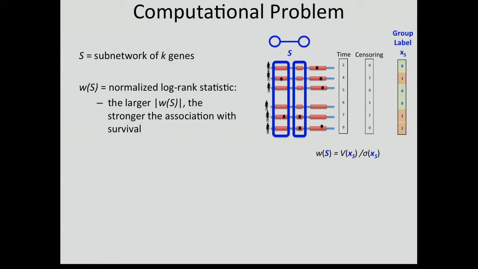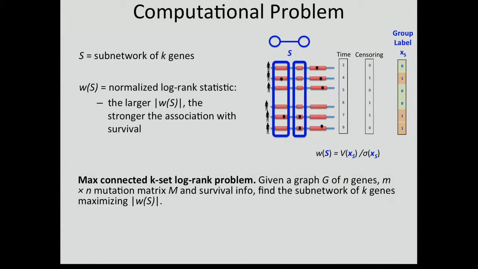Now that I have the group labels, I can compute the score for them, and that is going to be the score for my set of genes. Okay, so now I can define a computational problem that we call the max connected k-set log rank problem. It corresponds to identifying the subnetwork of k genes of a large graph of n genes that maximizes the log rank statistic, or this score.